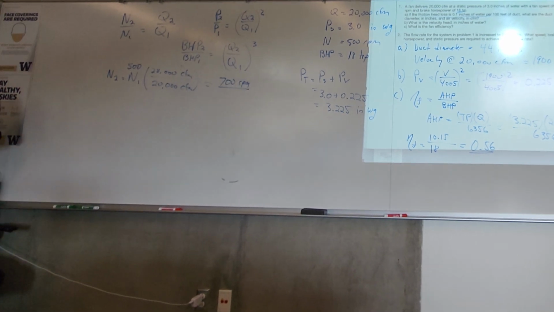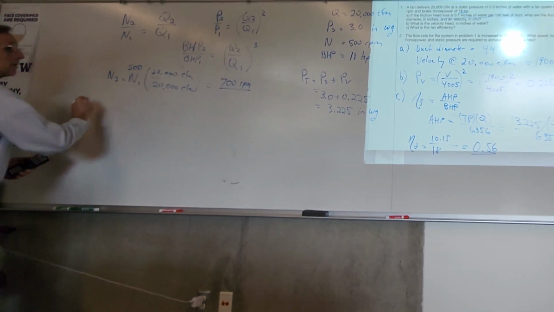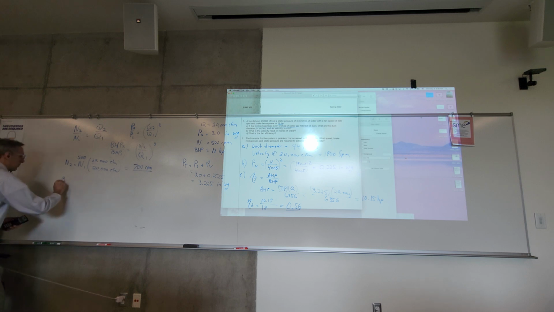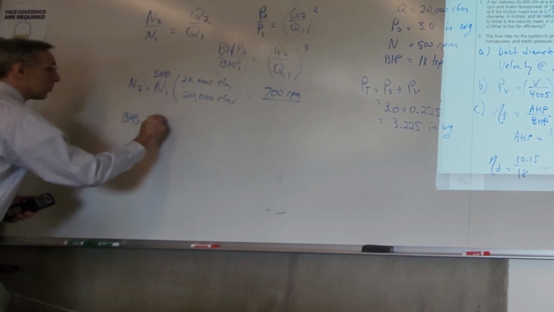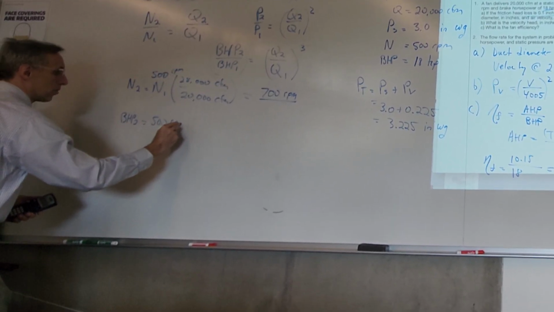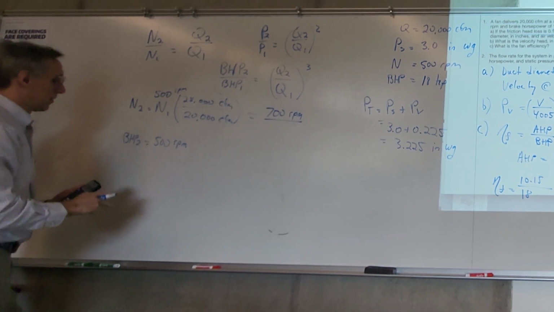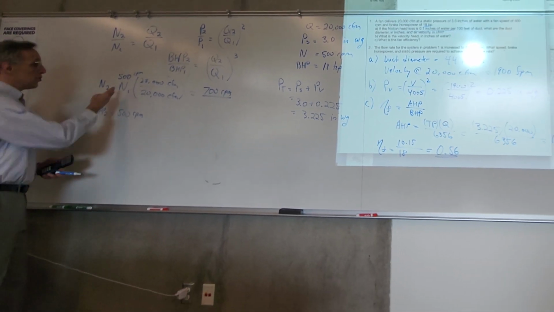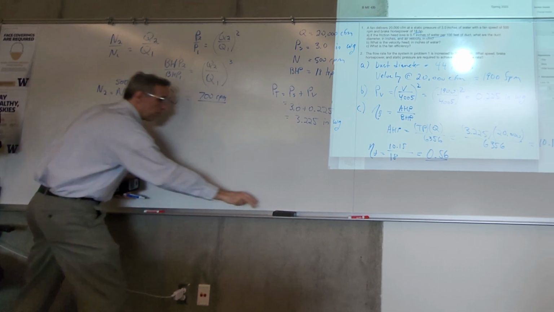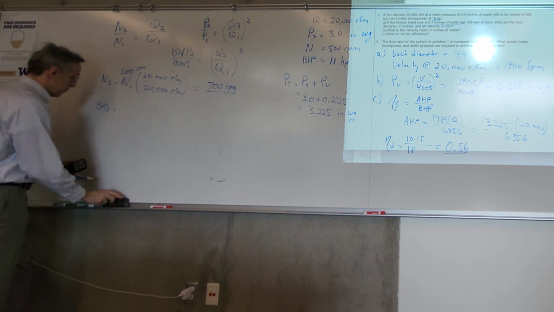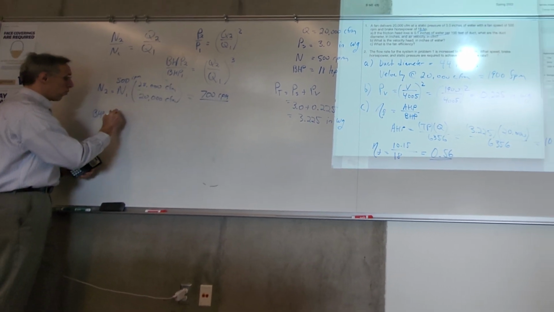And then for the brake horsepower, I can use RPM, or I can use Q, and we'll just stay with Q since that's what we wrote the equation down as.